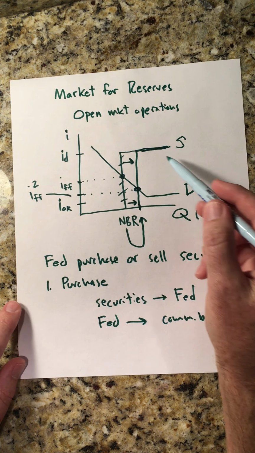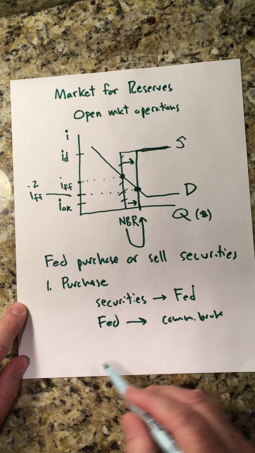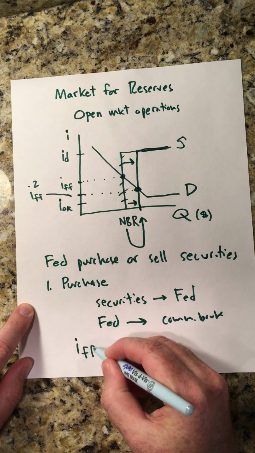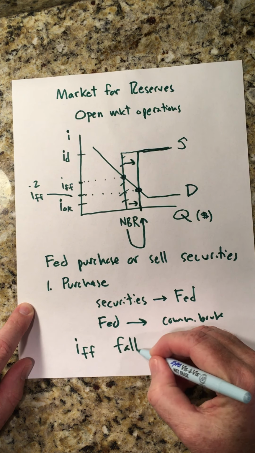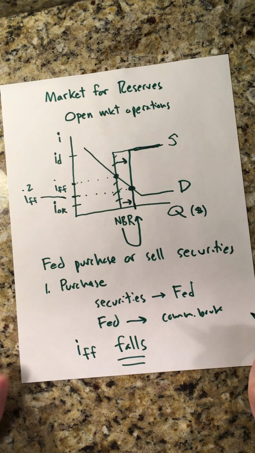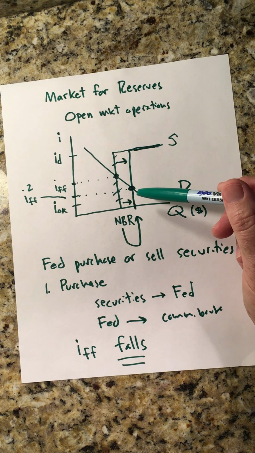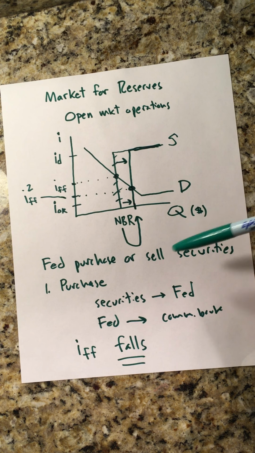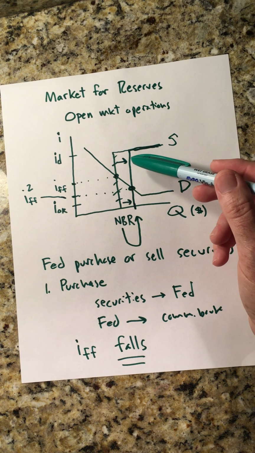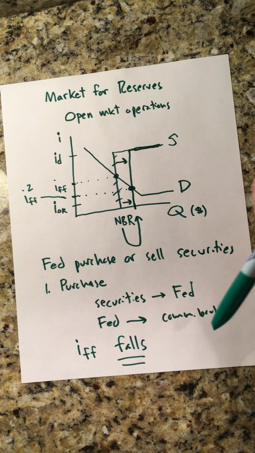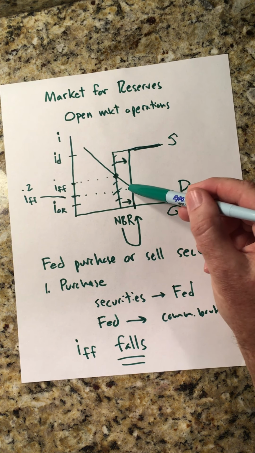As a result, after the purchase, we would say that IFF, my federal funds rate, falls. And this is one tool that the Fed has available to itself. If they want to, as a target, lower the equilibrium interest rate, given how we set up the market, one option is to purchase those securities, and then the interest rate goes down.